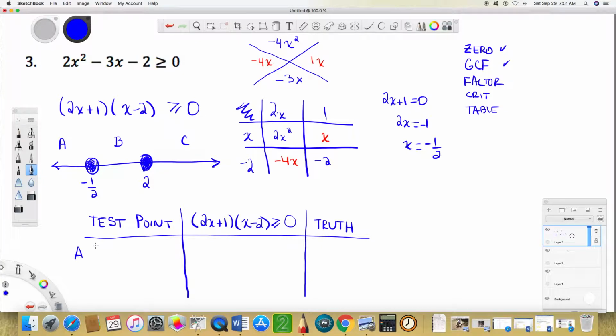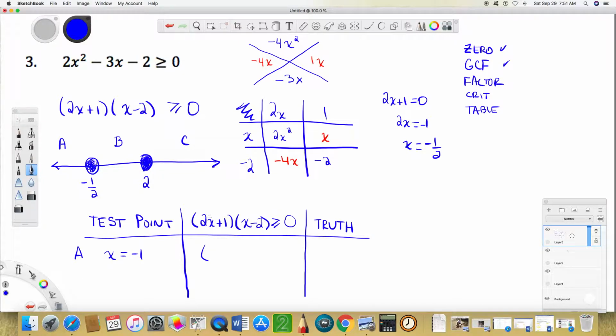So let's take a look at region A and pick a point that's in region A. I want to pick a real number that is smaller than negative 1/2. So I'm going to pick negative 1. Negative 1 is to the left of negative 1/2. If I replace x with negative 1, what do I have?